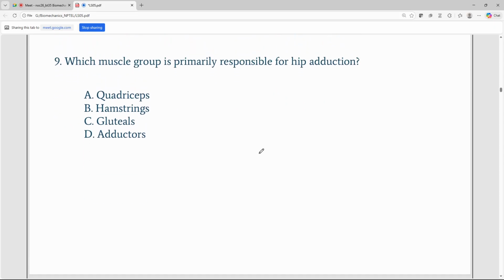Next question. Which muscle group is primarily responsible for hip adduction? Before we have discussed abduction, here it is adduction. Options are option A quadriceps, option B hamstrings, option C gluteus, option D adductors.